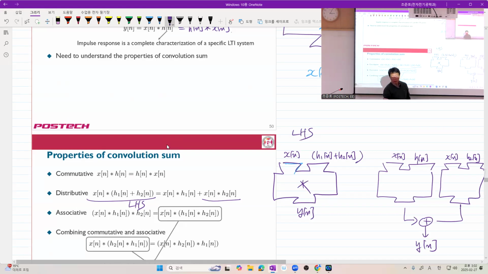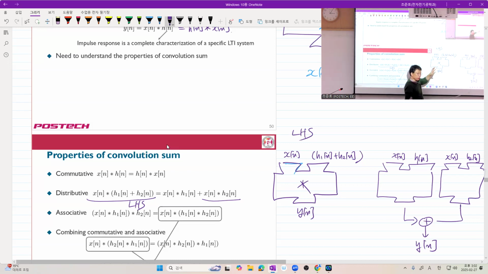And this kind of rewriting of one function or one operation into an operation with sub-operations is very important. Even though mathematically they are the same, when you implement using electronic circuits, some technologies are better suited to this one: you sum them first and then use convolution sum.